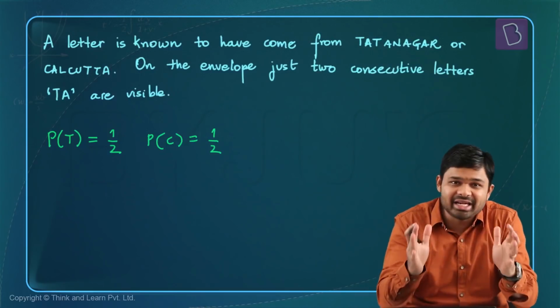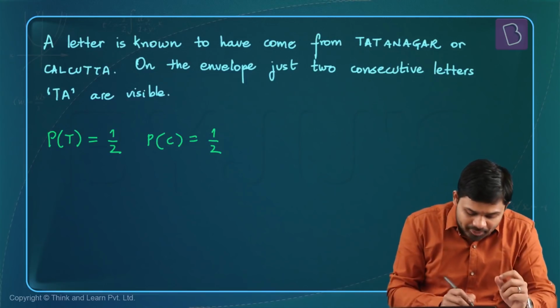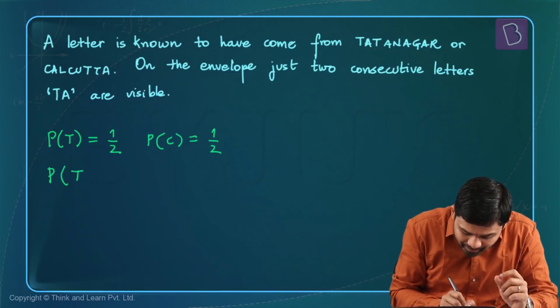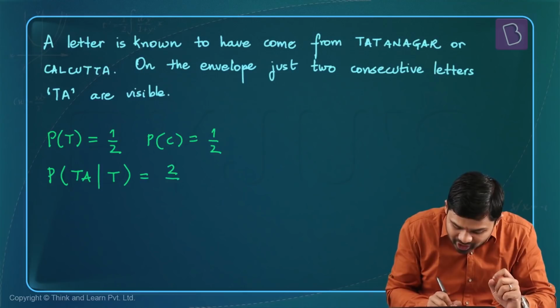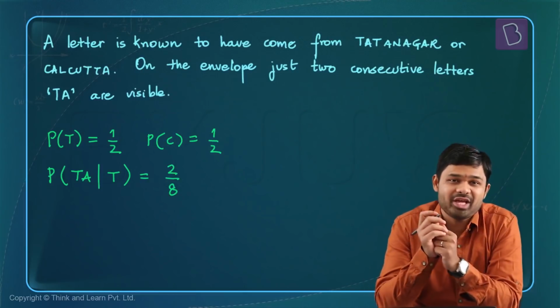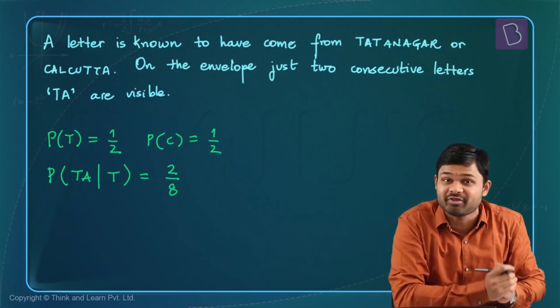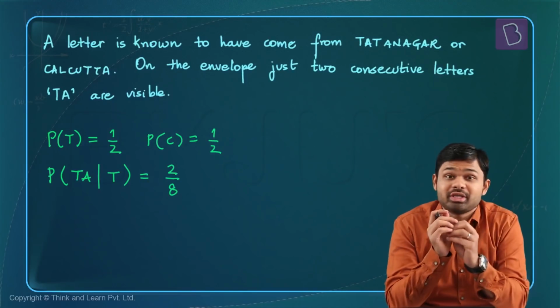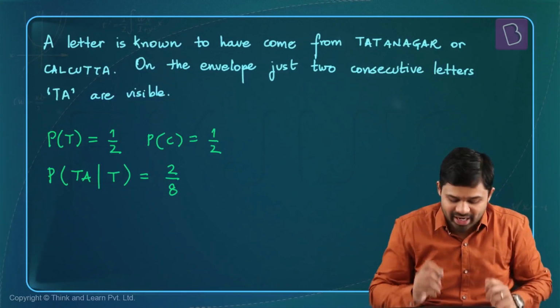These are the 8 pairs of consecutive letters that you can form from Tatanagar. So the probability that TA appears given that the letter is from Tatanagar is going to be 2 divided by 8, because Tatanagar has 2 pairs of TA appearing in it, and in total it has 8 consecutive letter pairs. So the probability that TA is visible given the letter has come from Tatanagar is 2/8.